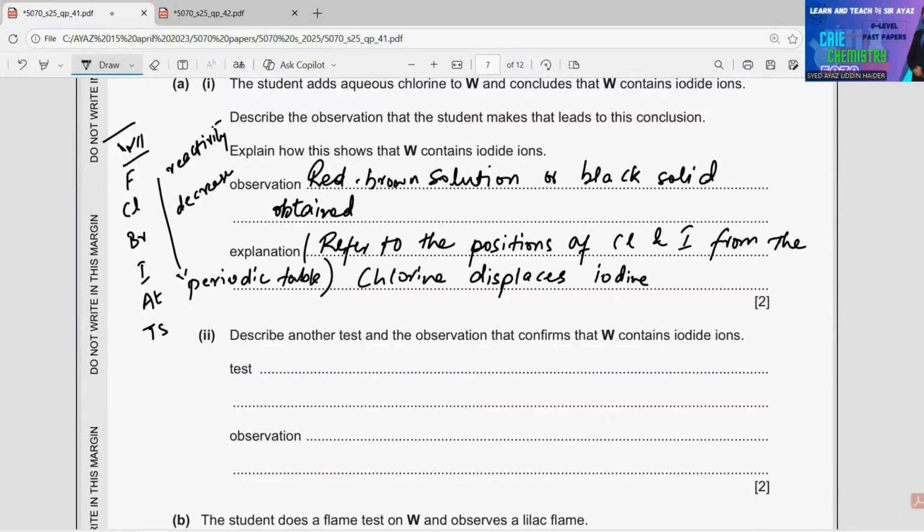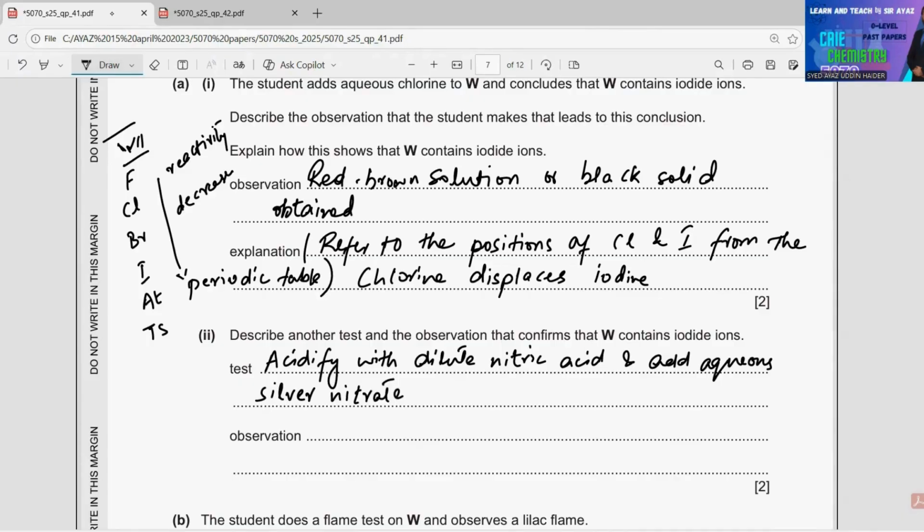So what you're going to write: the test will be acidify with dilute nitric acid and add aqueous silver nitrate. The observation will be a yellow precipitate obtained.